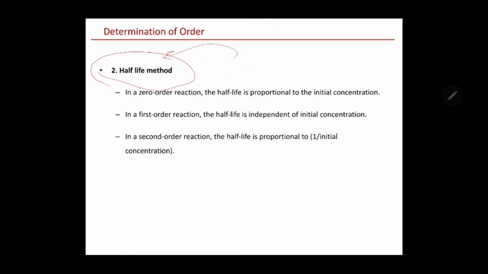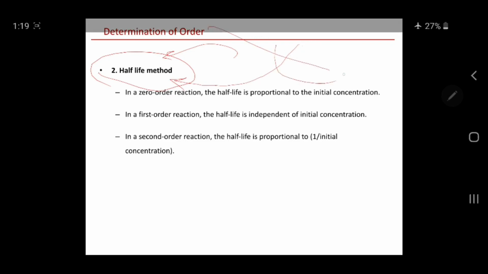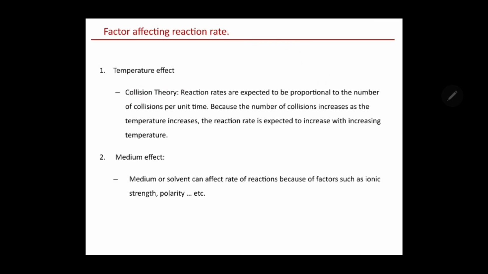If we have a curve, that means we have a first order or second order reaction. Then by monitoring the half-life, if the half-life did not change, that means we have a first order reaction. If the half-life changed and the relationship between concentration and time was not a straight line but a curve, that means we have a second order reaction.